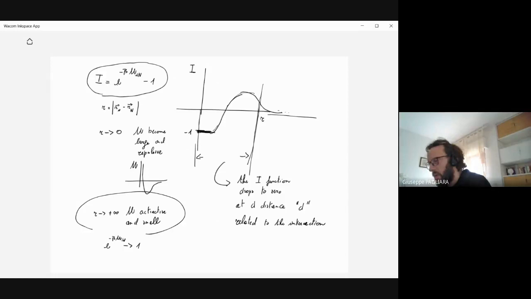In other words, if two particles have very large distances, we can neglect the contribution to the total potential energy of those particles. Whereas if the two particles are close to each other, this function I is equal to -1. And for intermediate distances, I have a shape like this one.